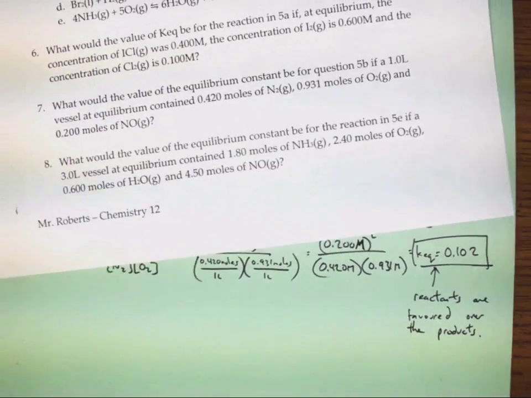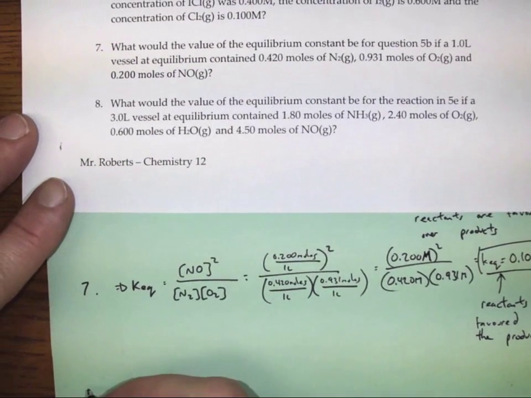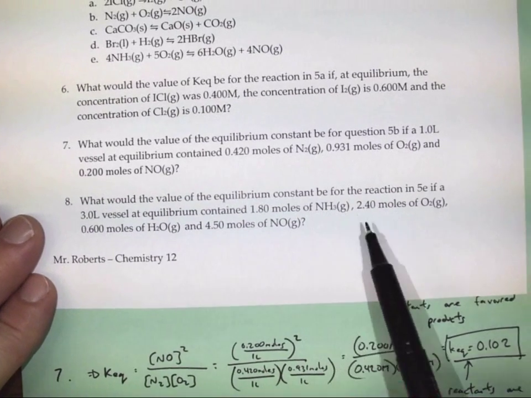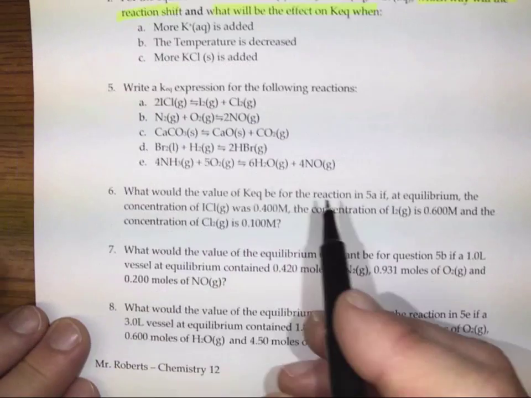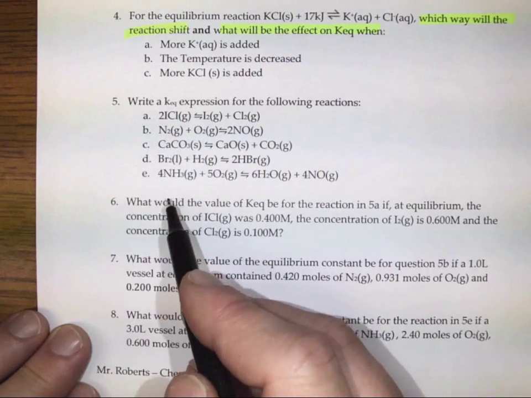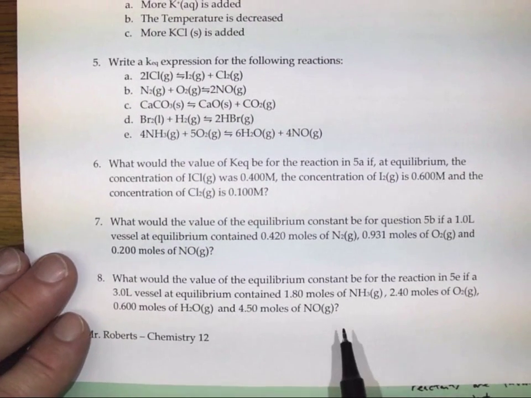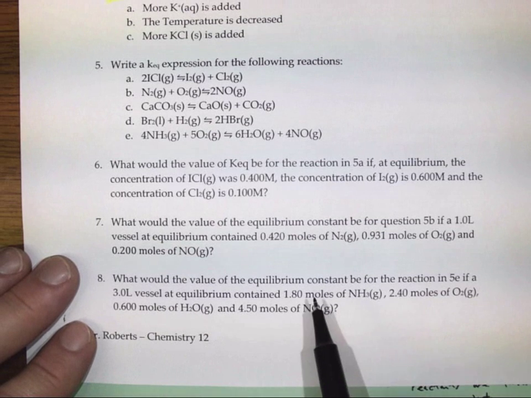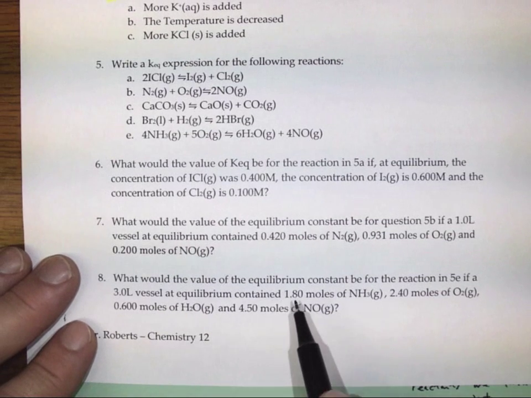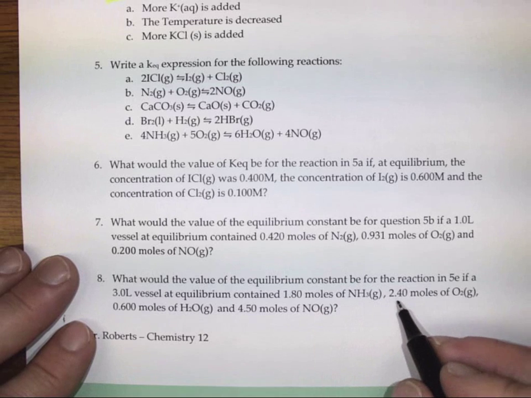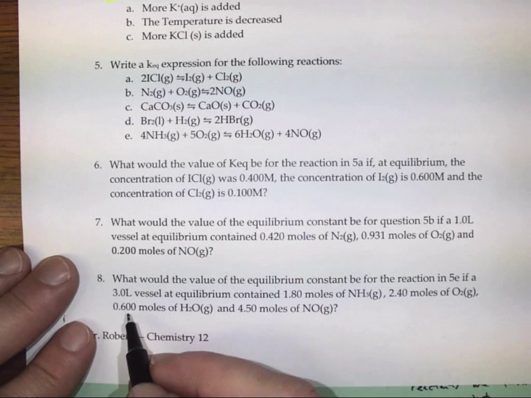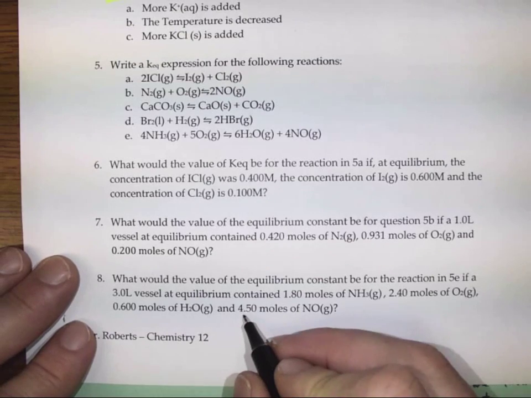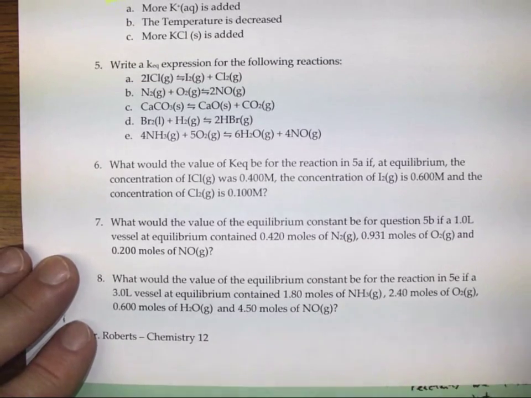Okay, lastly, move on to question 8. Question 8 asks us for the value of the equilibrium constant in reaction 5E. If a 3-liter vessel at equilibrium contains 1.80 moles of ammonia, 2.40 moles of oxygen, 0.600 moles of water in vapor form, and 4.5 moles of nitrogen monoxide.